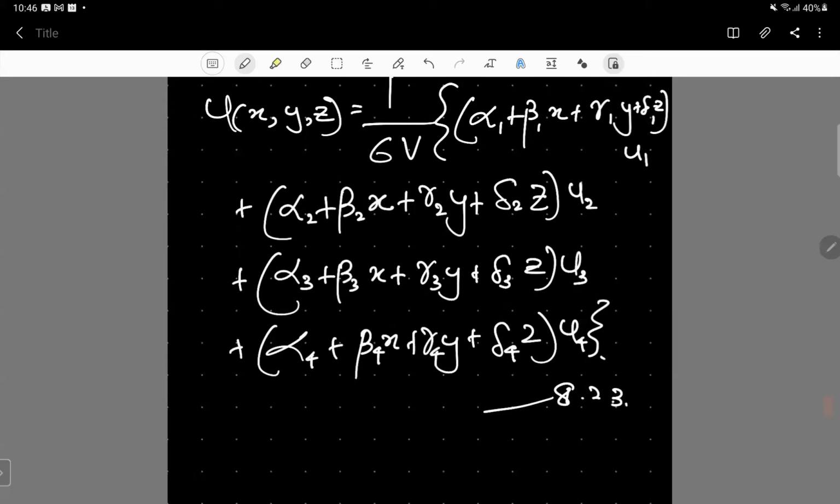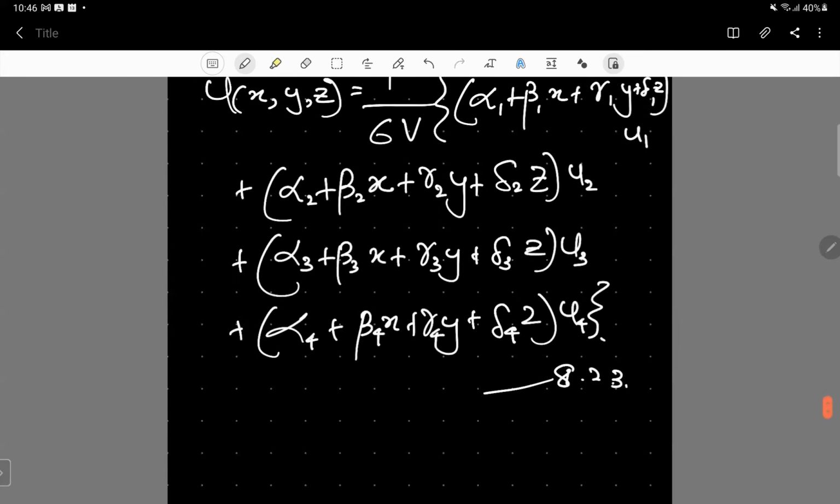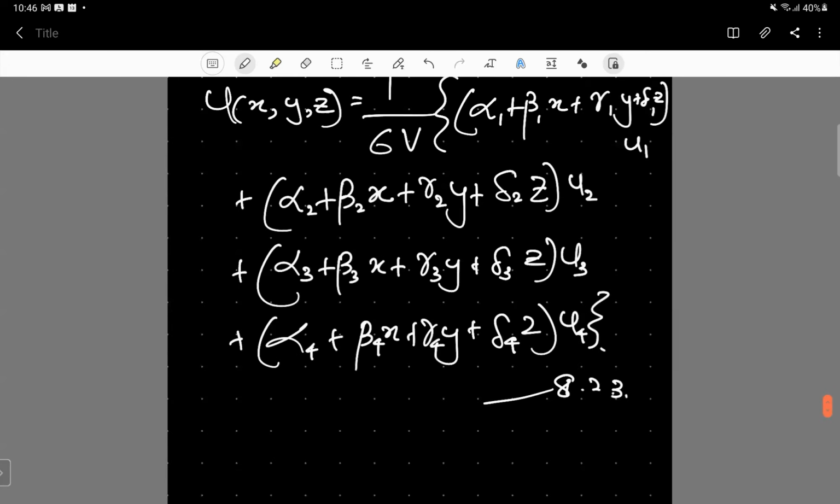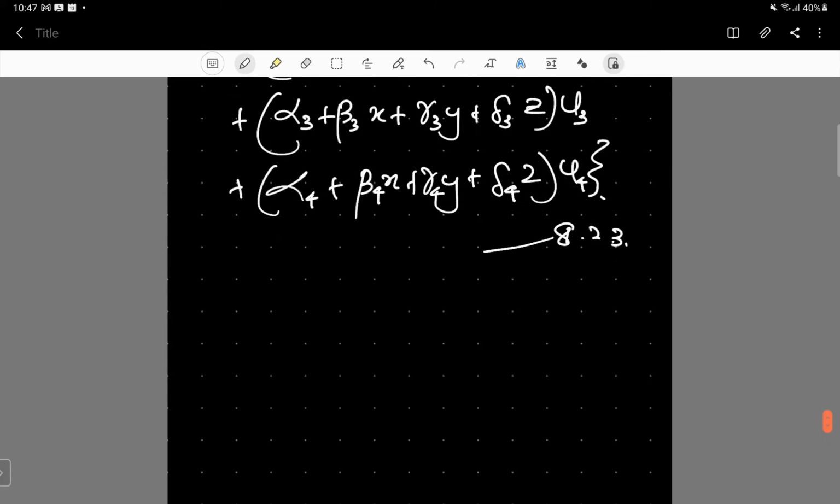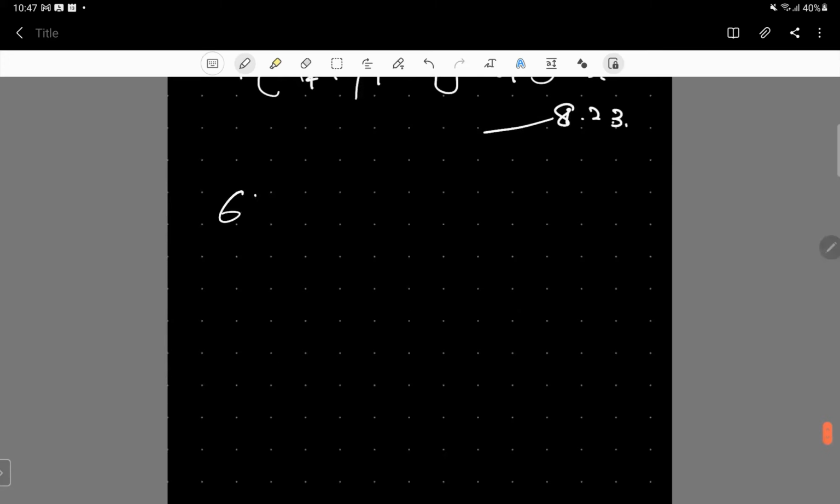Right. So these alpha I, beta I, gamma I, and delta I are functions of the known coordinate x, y, and z values, X1, Y1, and Z1 up to X4, Y4, and Z4 values. In order to obtain the volume, the volume can be evaluated by calculating the determinant of this matrix.